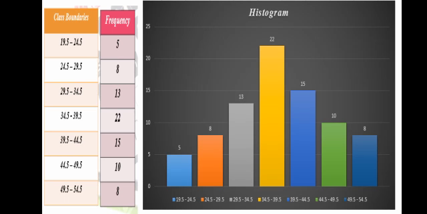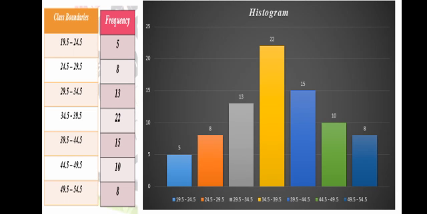Following the corresponding values of frequency, you have to make the histogram, and for that you have to make these bars. Now in the first row you can see that 19.5 to 24.5 has a frequency of 5, so the bar is placed at frequency 5.